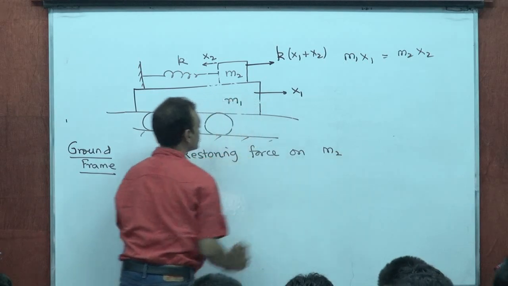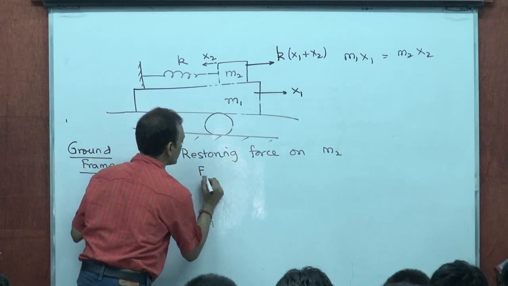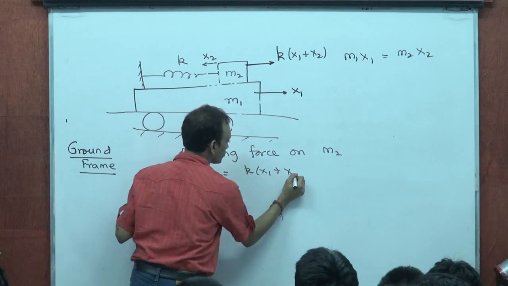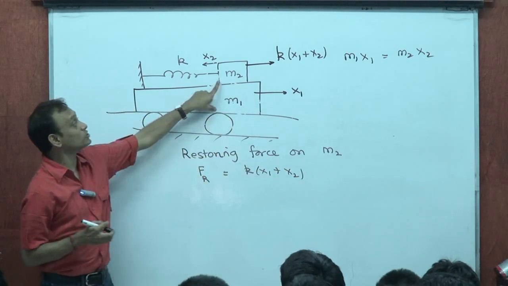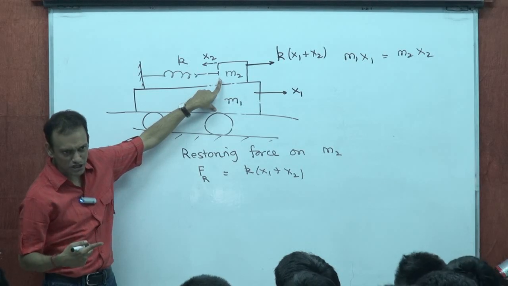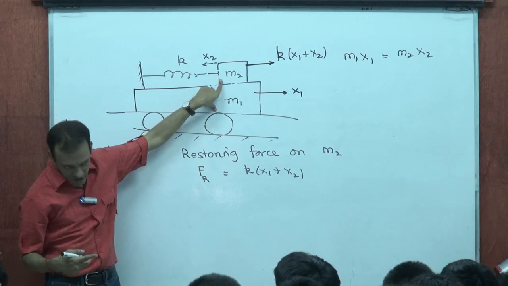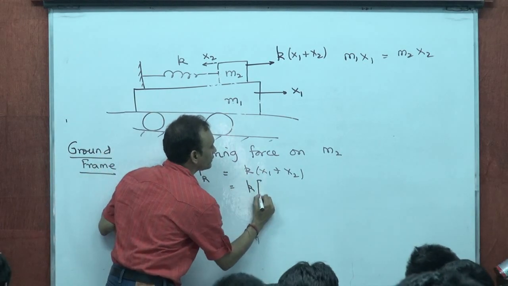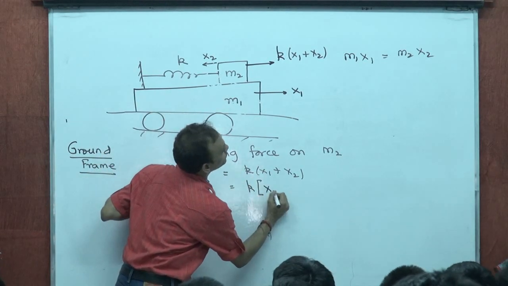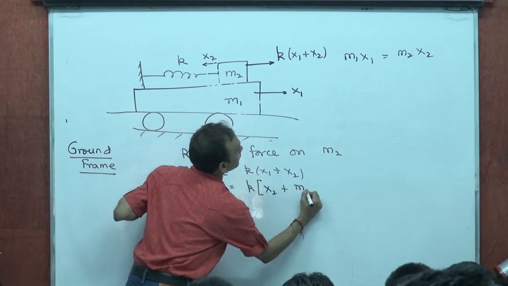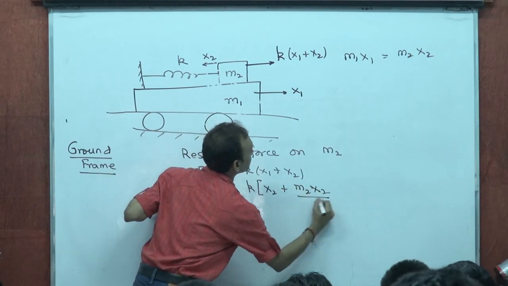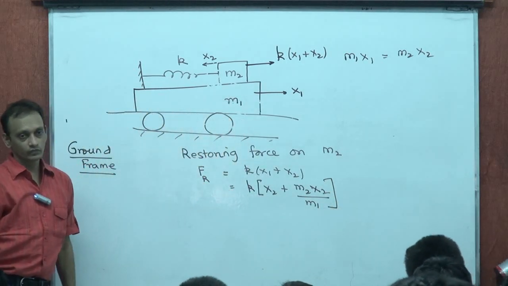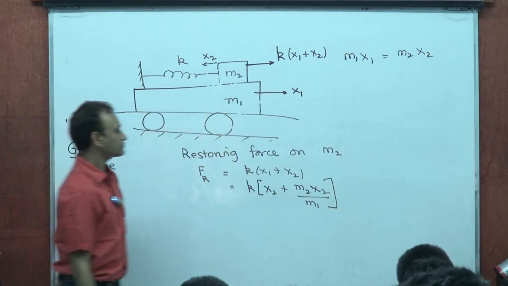is of magnitude k into (x1 plus x2), where x2 is the displacement of M2 with respect to its mean position. This was the equilibrium position of M2, right? This could be written as k into (x2 plus x1), which is M2 x2 by M1. Yes or no? Right?